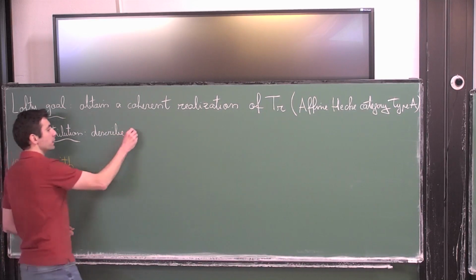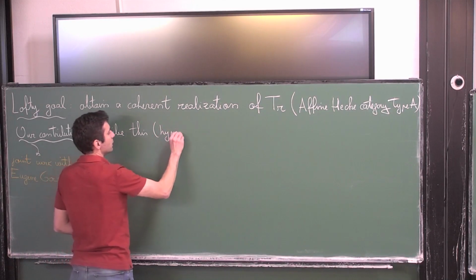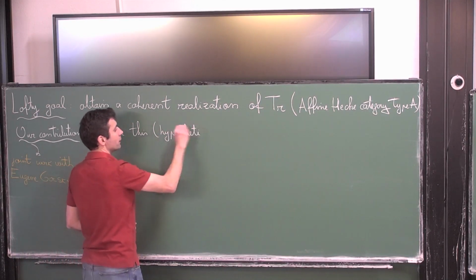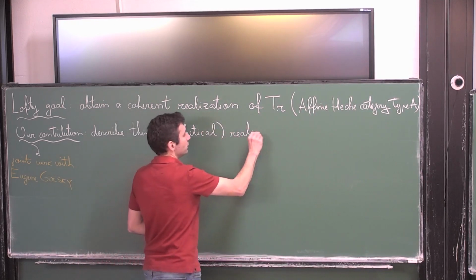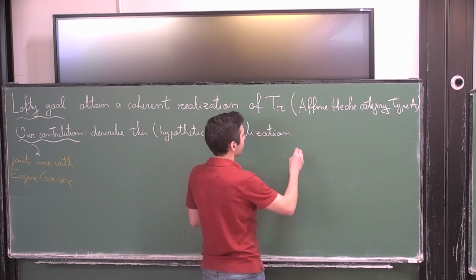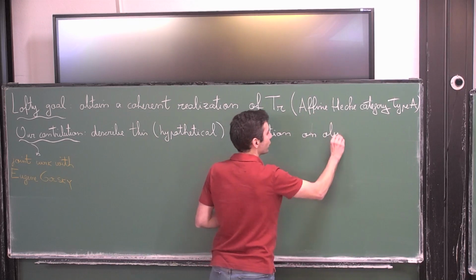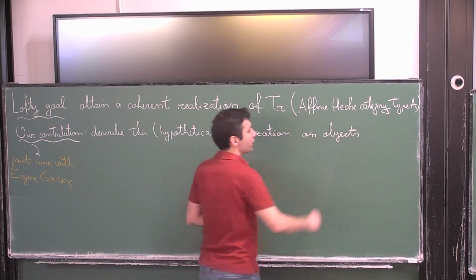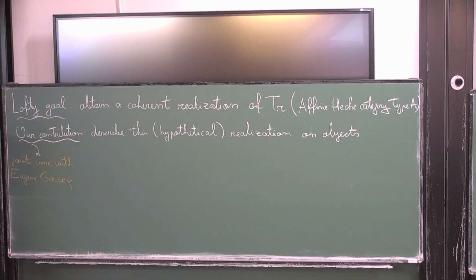So, describe this hypothetical realization on the set of objects. Now, just our opinion is that this definitely exists, but we are very, very relaxed about the word hypothetical here. It's just that we don't have the tools to actually prove that. It gives everything we want from this realization.